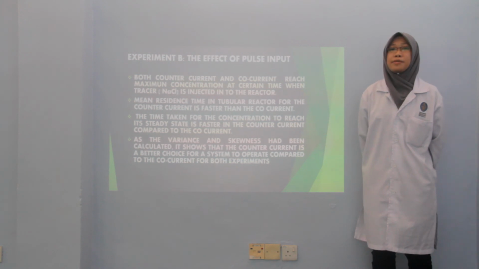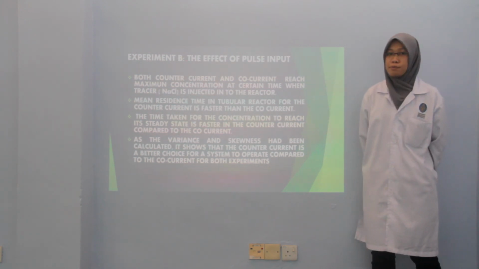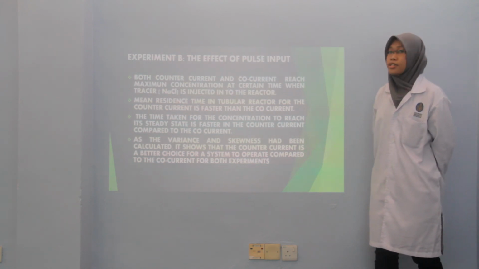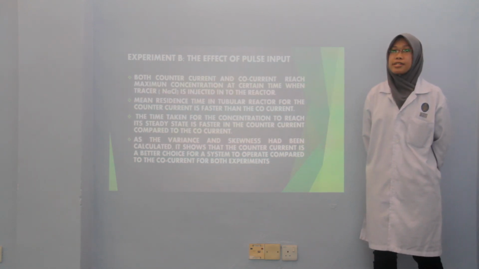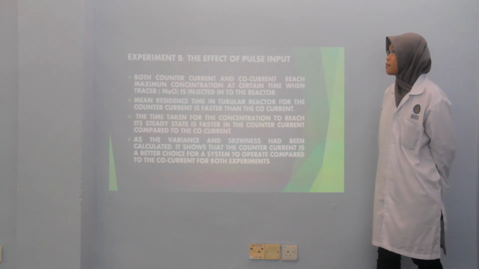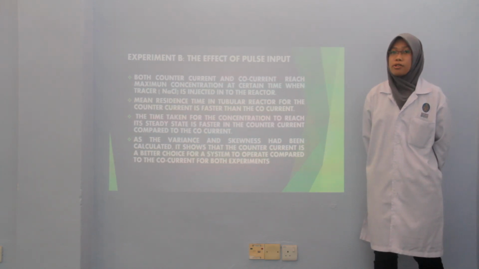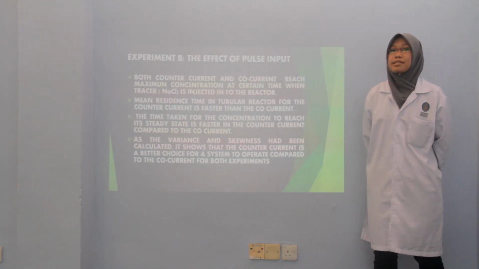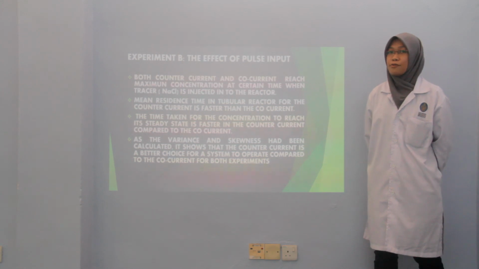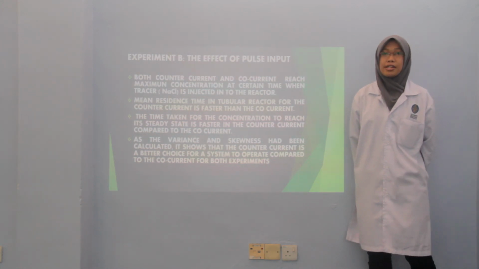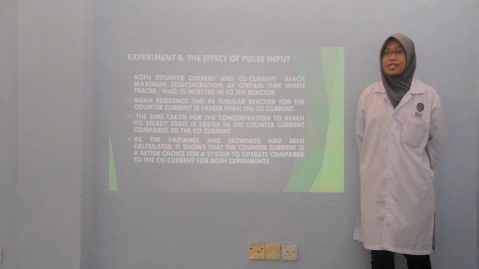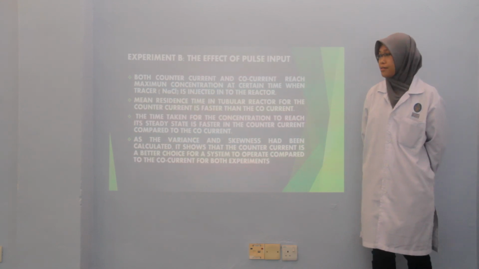For experiment B, the effect of the pulse input, we found that both co-current and counter current reach a maximum concentration at a certain time when the tracer, which is sodium chloride, is injected into the reactor. The mean residence time in a tubular reactor for the counter current is faster than the co-current, and the time taken for the concentration to reach its steady state for the counter current is faster than the co-current.